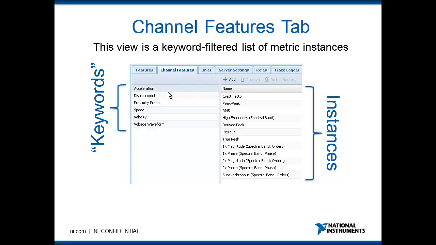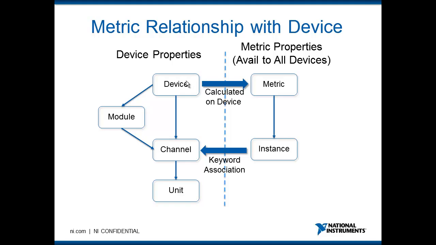So under the Channel Features tab is the mapping between metric instances and channel keywords. It's important to know that this isn't just some string pattern-matched list. There is a field in the channel definition itself called keyword. That becomes the hook you can use to attach metrics that are valid for a particular channel.